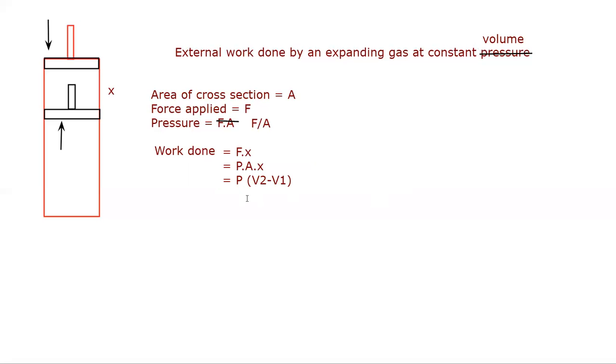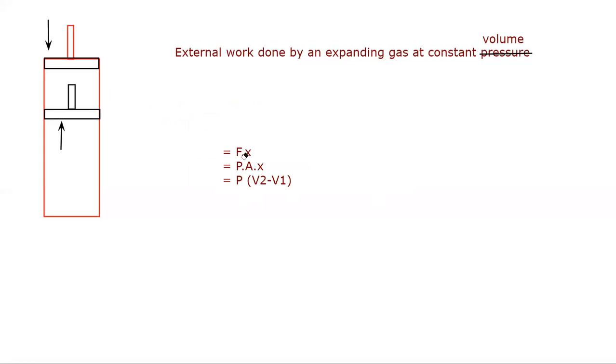If there is no change in volume, then the amount of work done is 0, because if there is no change in the position of the piston, then work done will always be 0.